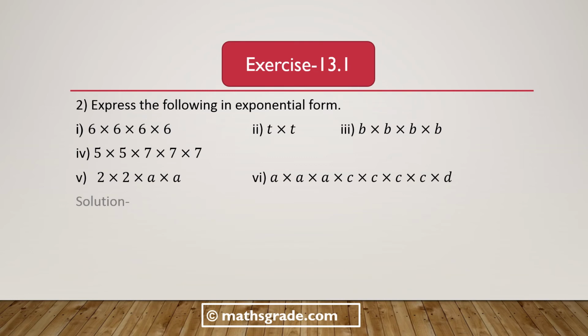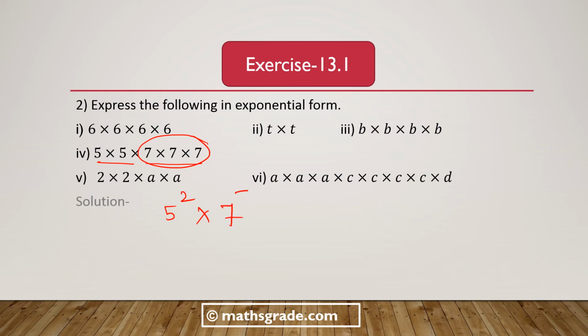Now solve fourth bit. Express the following in exponential form: 5 multiplied by 5 multiplied by 7 multiplied by 7 multiplied by 7. Here 5 is multiplied 2 times, and 7 is multiplied 3 times.